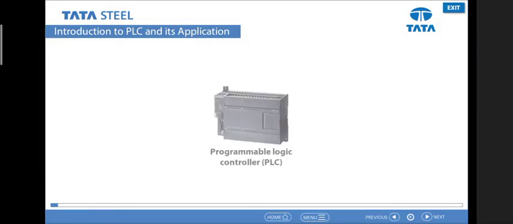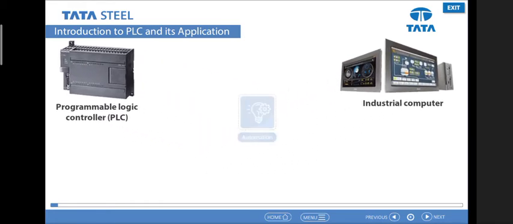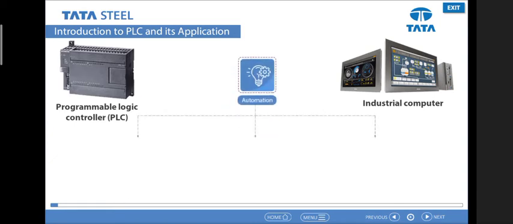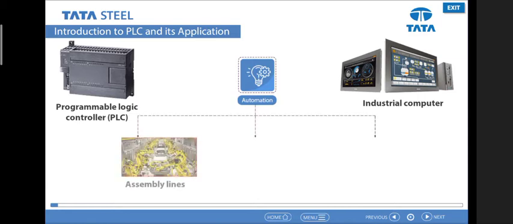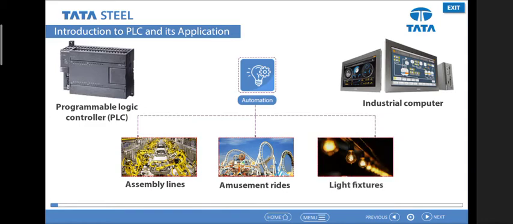A programmable logic controller, commonly known as PLC or programmable controller, is an industrial computer used for automation of typical industrial electromechanical processes, such as control of machinery on factory assembly lines, amusement rides, or light fixtures.